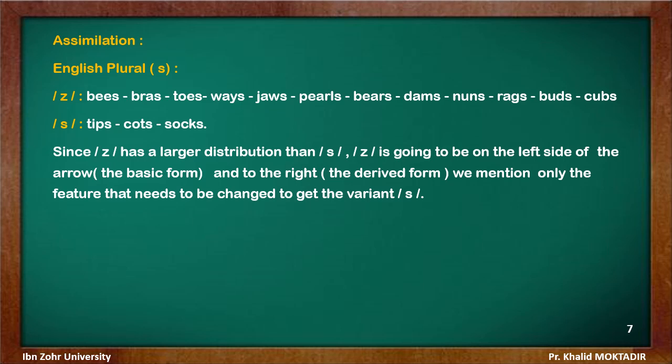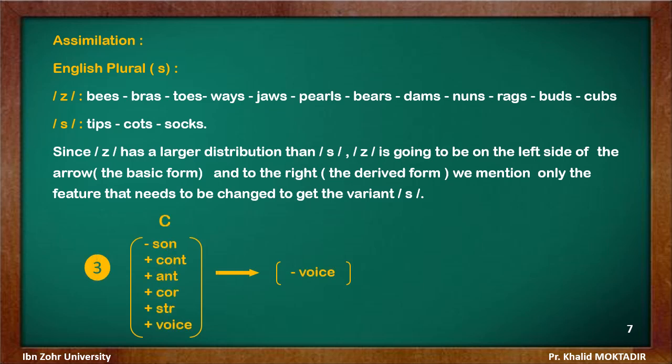In other words, we have no difficulty deciding which one is going to be the basic form, that is the one with the larger distribution, and so it's the voiced form that is going to be on the left side of the arrow.